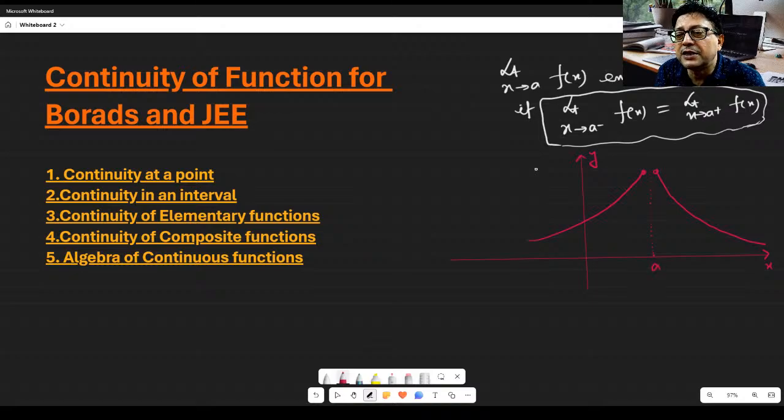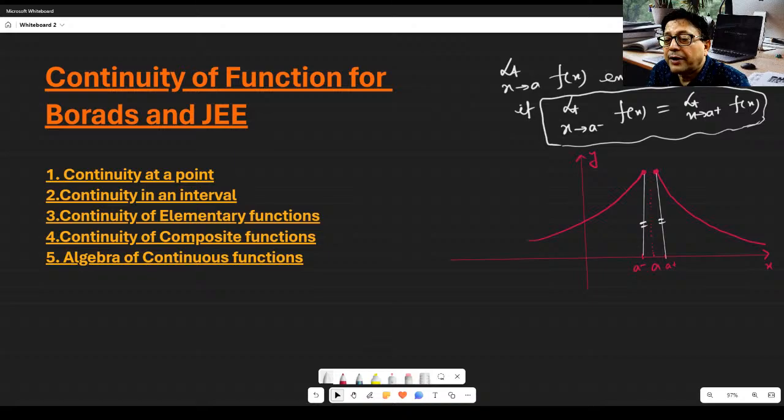You can consider this point corresponding to a plus and this point corresponding to a minus. So these two are equal. At a plus, if you calculate the value of the function, and at a minus, if you calculate the value of the function, they are both equal. I mean their length will be equal. This length will be equal to this one.